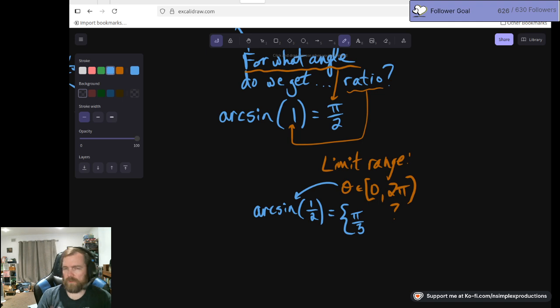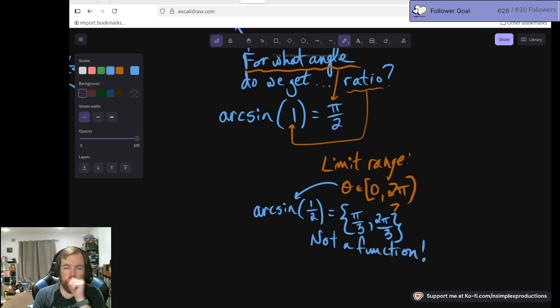But we also get 2 pi over 3, which is a 60-degree angle in quadrant 2. And if you remember, this is a problem, right? This is not a function. So we can't include anything in quadrant 2 because those all repeat the values from quadrant 1.